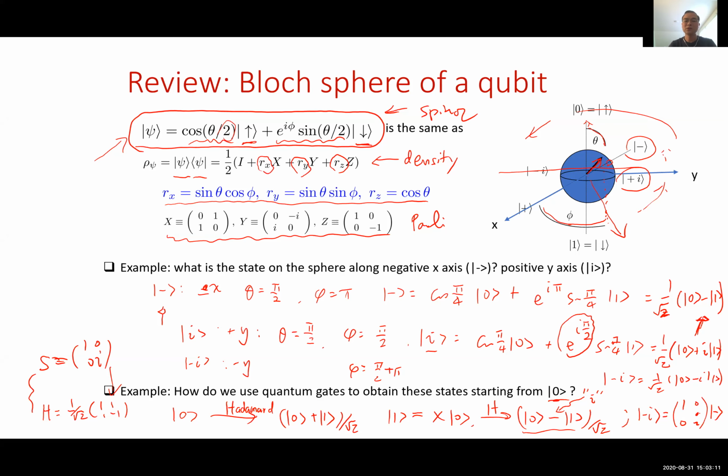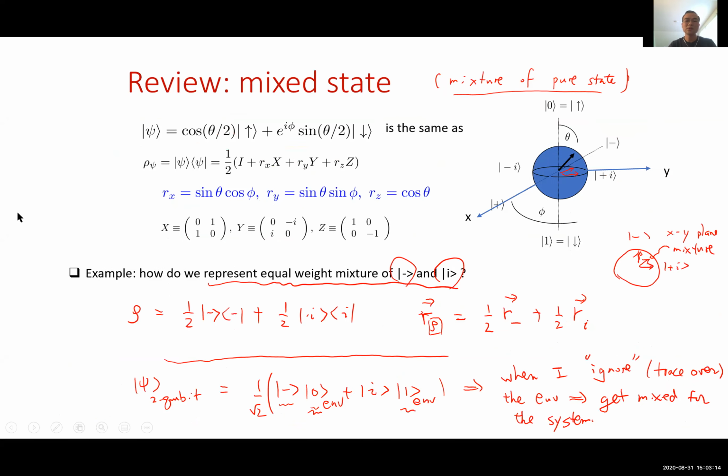So when we describe a system, if we have no knowledge of the environment, if we only have access to the system alone, it might be arising from an entanglement with a subsystem, let's say the environment, but we have no access to the environment. That's why we need to trace over or ignore this in order to describe the system itself.